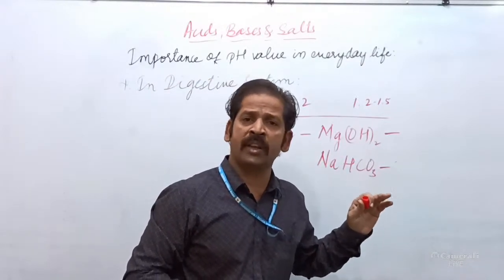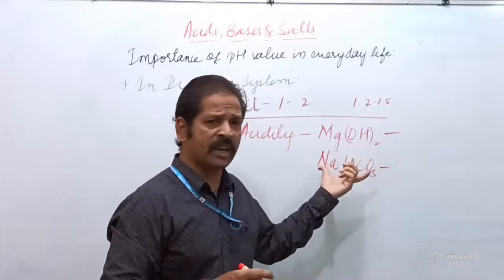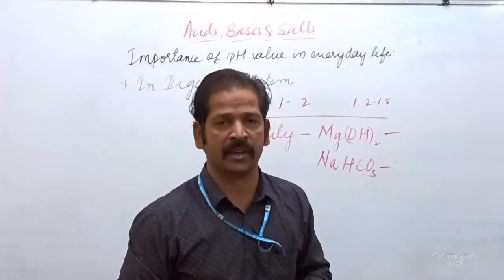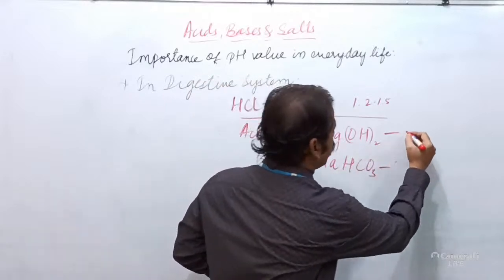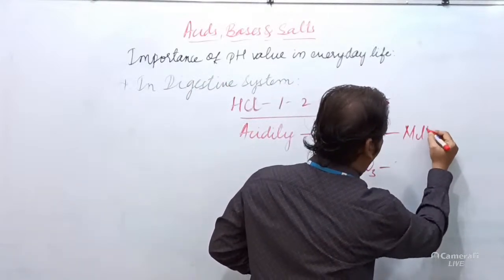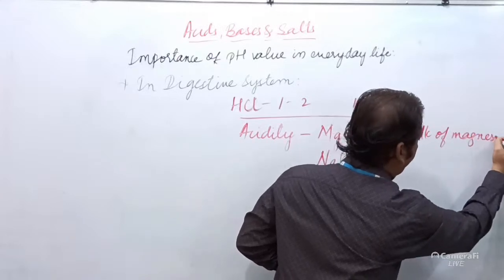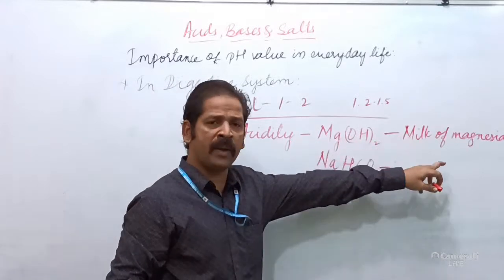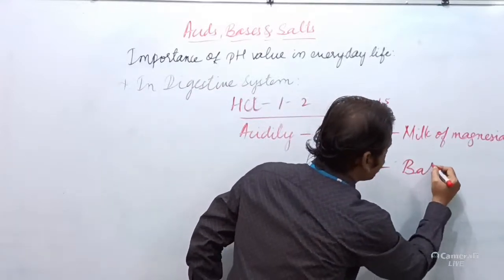I think you have heard about Eno. Actually, it usually has one of these contents, especially sodium bicarbonate. Yes, magnesium hydroxide is called milk of magnesia, sodium bicarbonate is called baking soda.